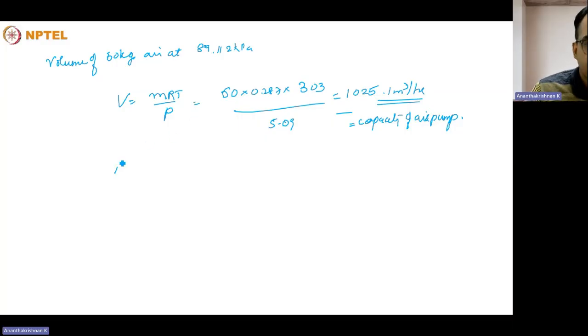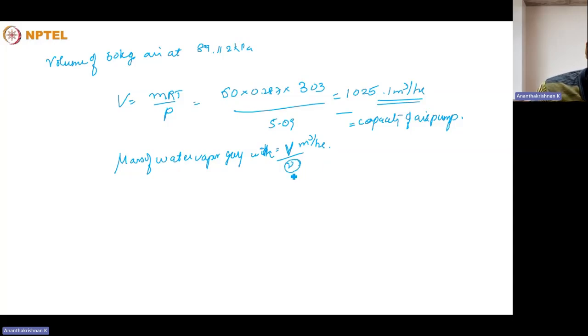So the mass of the water vapor going with air will be equal to the volume flow rate, which is in meter cube per hour, divided by the specific volume, to get it in terms of kg per hour.